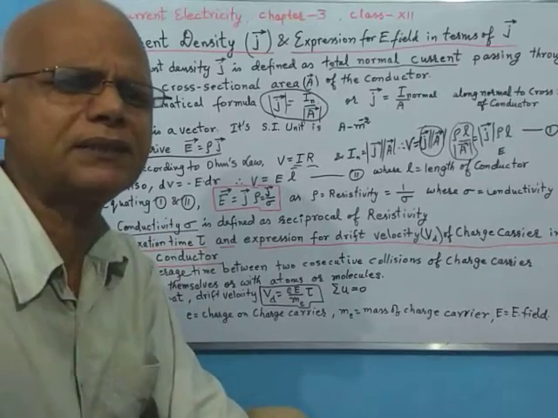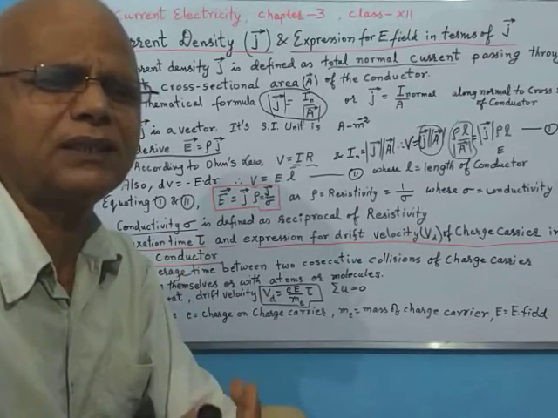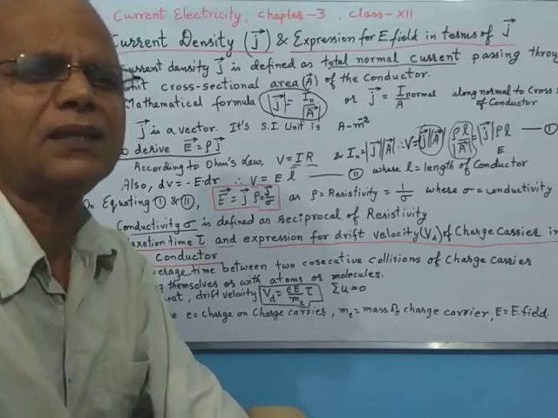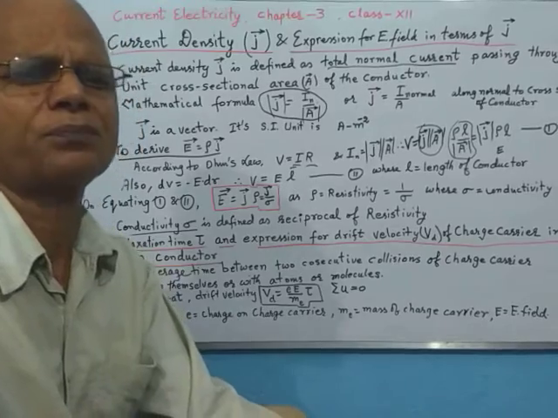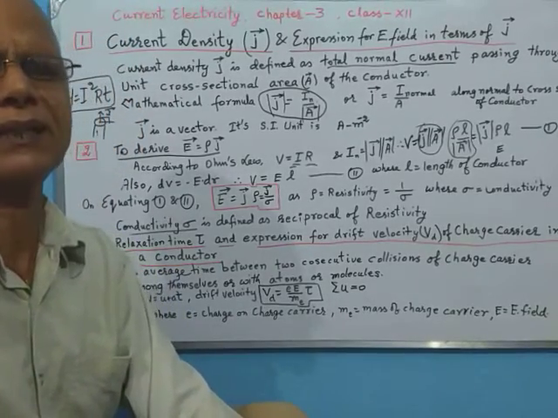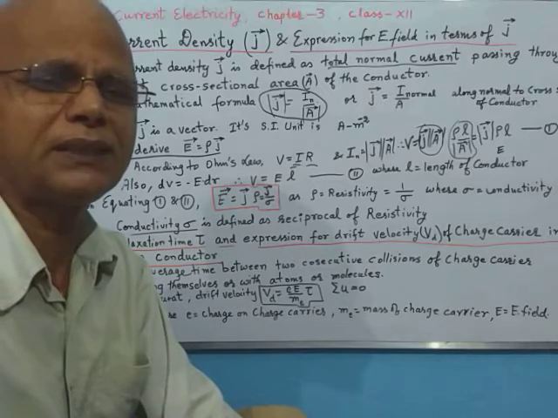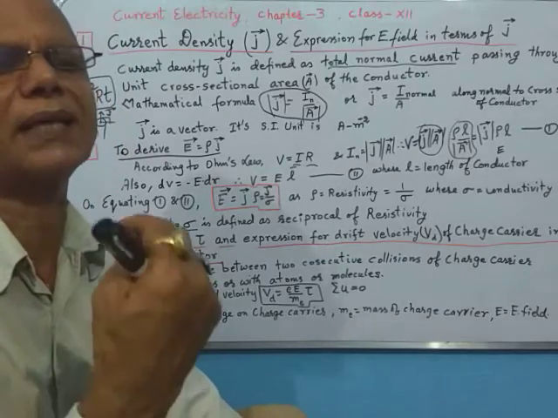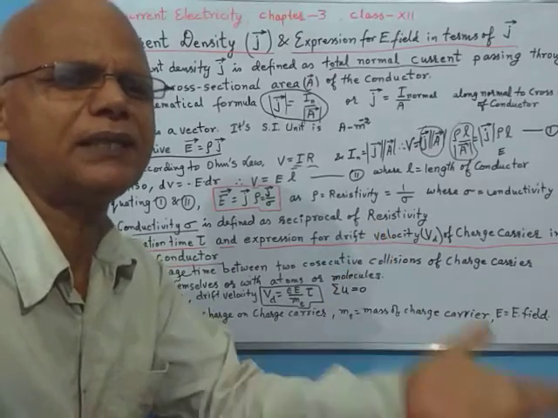Why do we say this? Because if charges were moving in only one particular direction, then one end of the conductor may become negatively charged with respect to the other end, and so some electric field would be developed within the conductor, which would pull back the charge accumulated at one end.